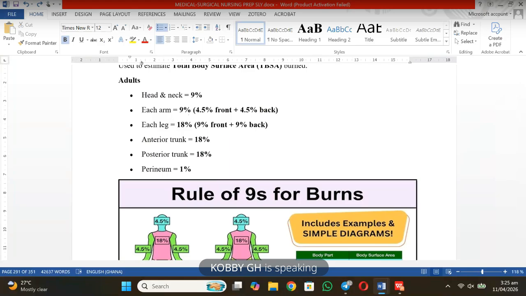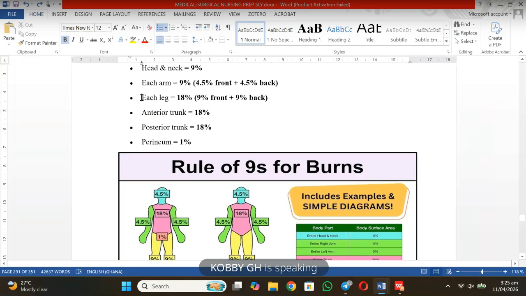If the examiner highlights the leg, each leg is 18%. The anterior leg is 9% and the posterior leg is also 9%.